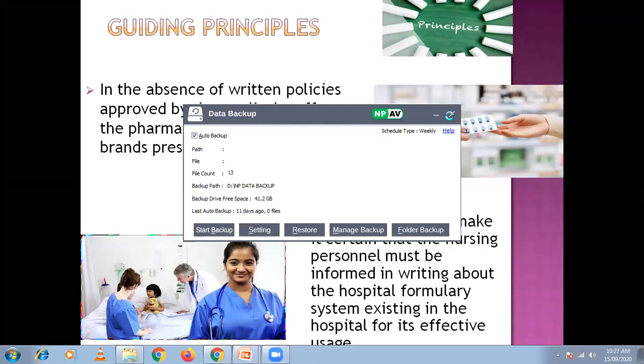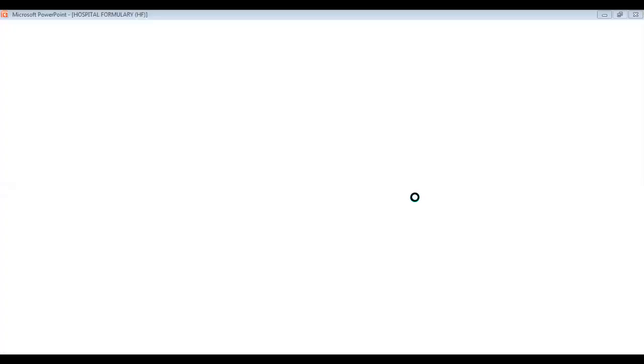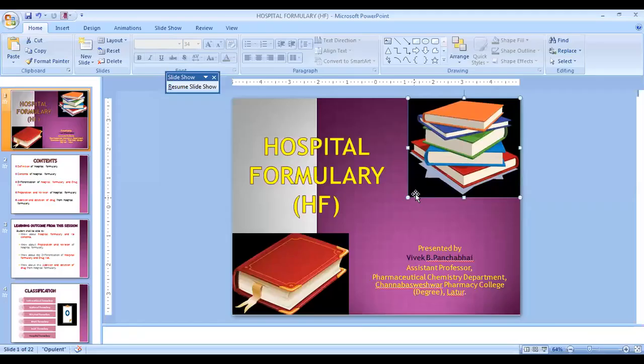Once the hospital formulary was designed by the governing body of the hospitals, who have prepared the list of drugs in the hospital formulary.